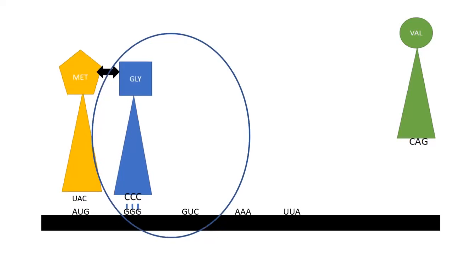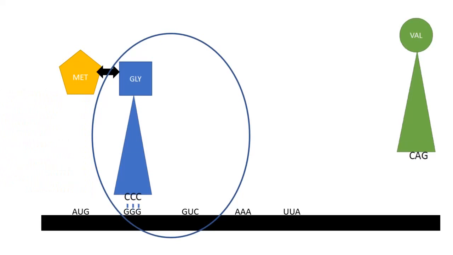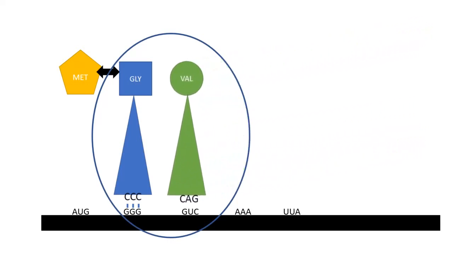Once outside the ribosome, the base pairing between the codon and anticodon for methionine, the first amino acid, is broken, and the tRNA for methionine leaves the system. Now the 3rd amino acid in the protein chain, valine, attached to its tRNA with its anticodon CAG, which matches the codon GUC, comes into the empty site.